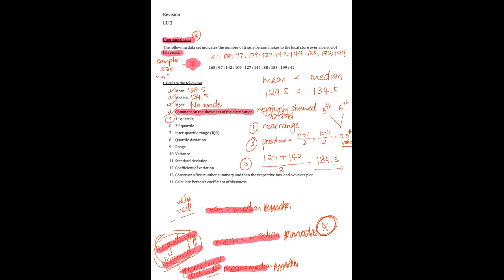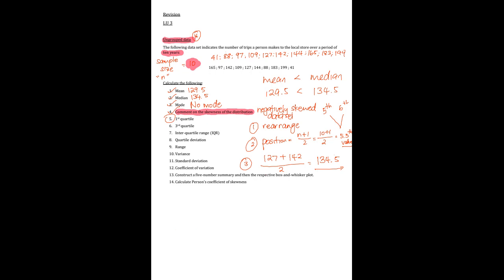So as I was saying, your median is the 3 steps that I had written out on the side here. So I'm just going to erase this as well and leave what was necessary for that question. So you knew it was negatively skewed. Okay, so back to what I was saying. Your first quartile and your median follow the exact same three steps.